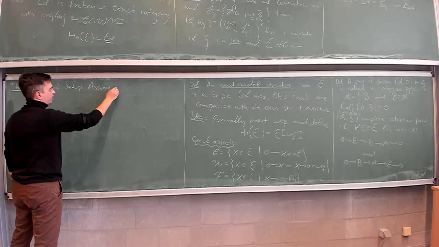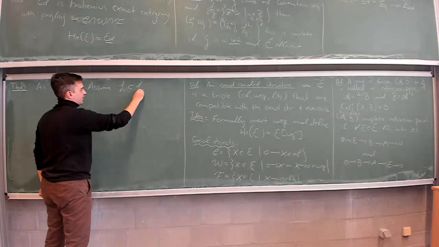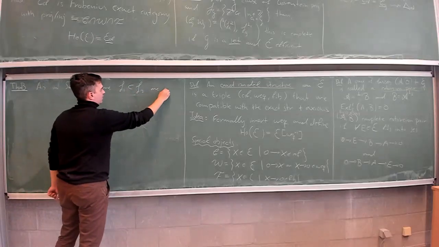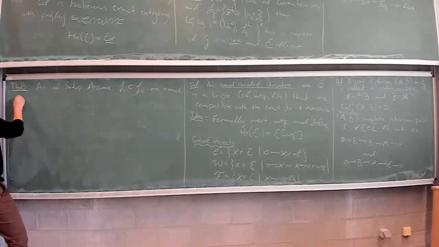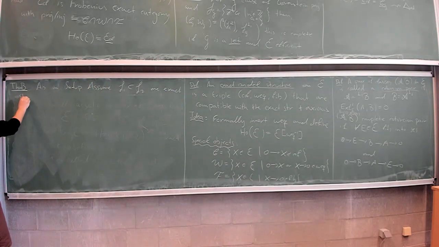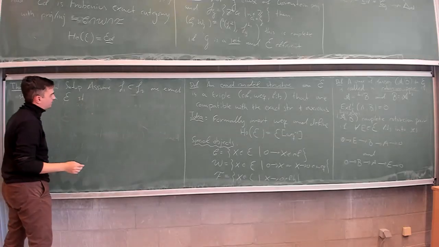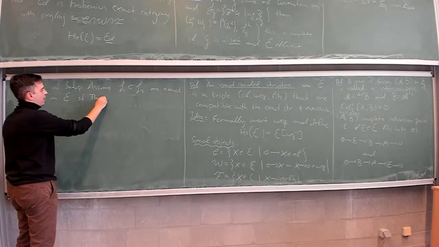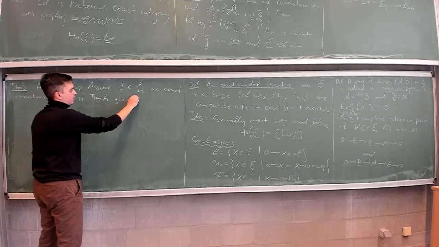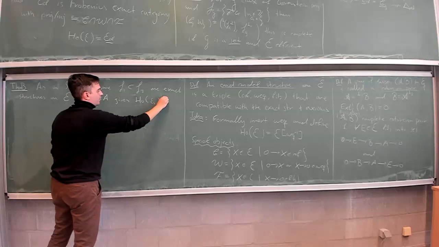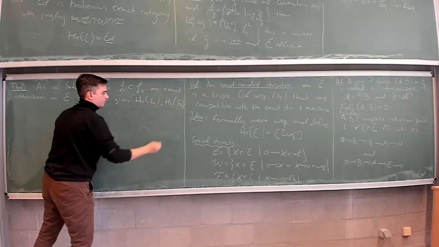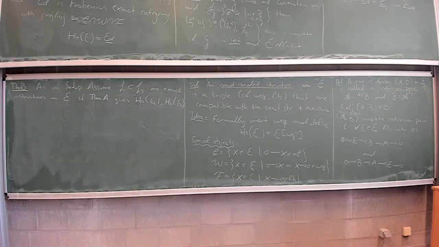Now assume also that S1 inside S2 are exact structures on E such that theorem A gives you homotopy E1 and homotopy E2. So you assume two exact structures instead of only one, you get two homotopy categories.